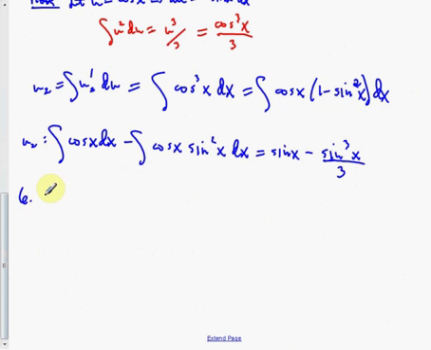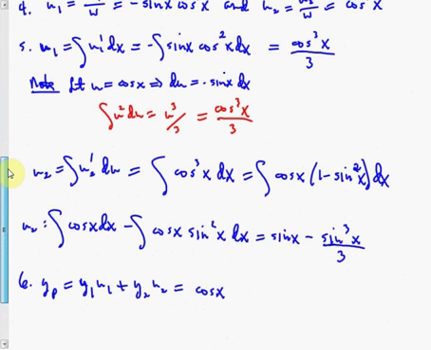So step 6 says that you can write y sub p. So y sub p is y sub 1 times u sub 1 plus y sub 2 times u sub 2. Y sub 1 was the cosine x, and the u sub 1 is the cosine cube x over 3.